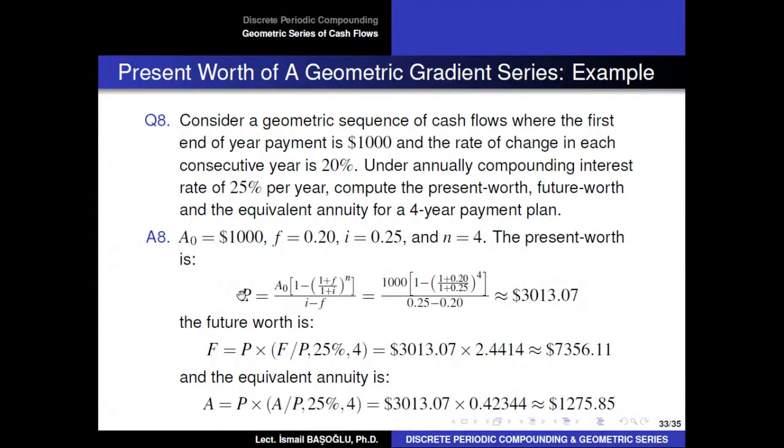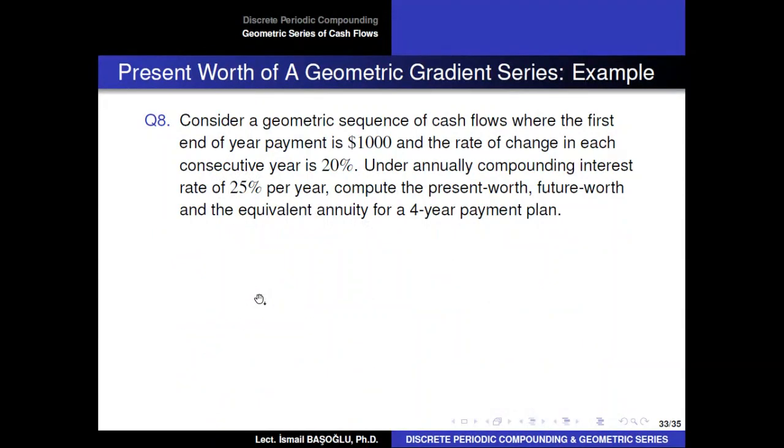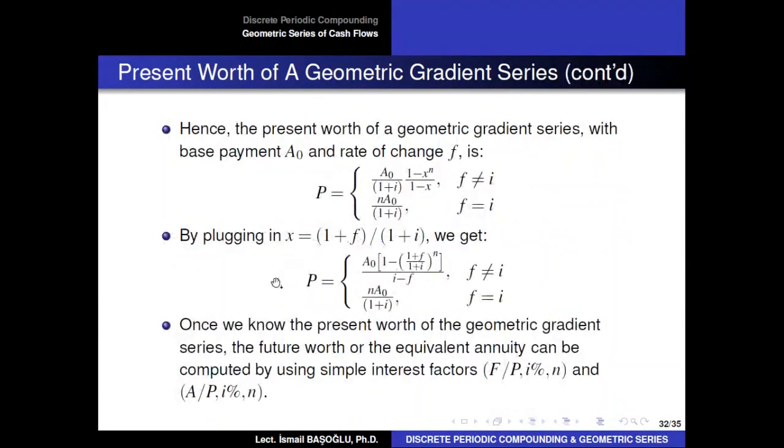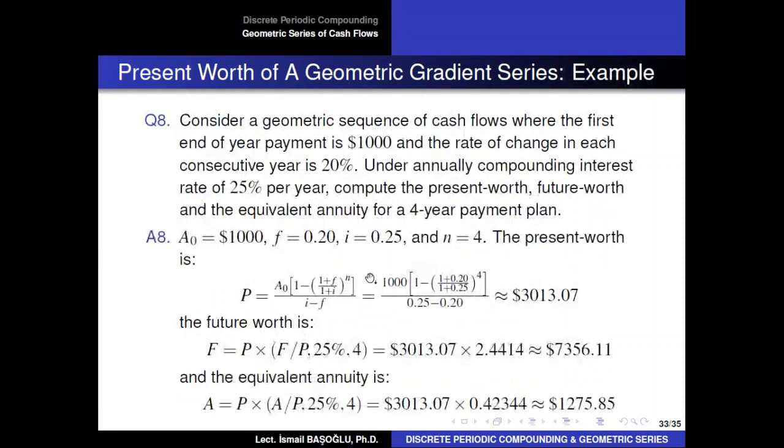Now, how do we compute the present value? Remember the formulation, at page 32. If I and F are equal to each other, you use this formula. If I and F are not equal to each other, you will use this formula. Here in this question, I and F are not equal. Therefore, F is 0.20, the rate of change in the cash flows, and I is the decimal interest rate for this investment plan.